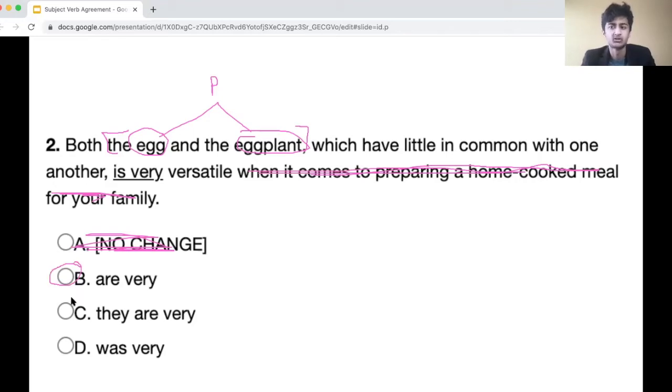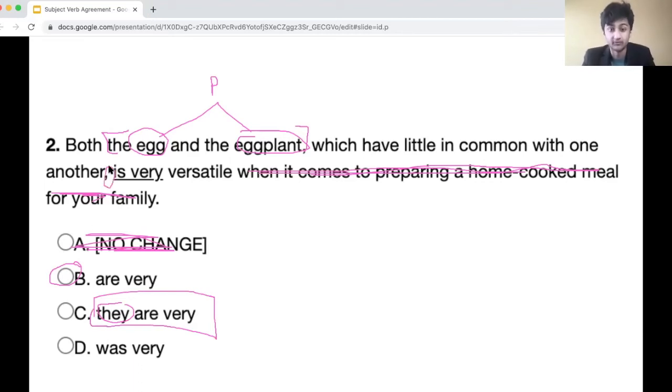Let's go through the other ones for thoroughness. Both the egg and the eggplant, which have very little in common with one another, they are very versatile. Ooh, so this is tough. But they are very versatile. What does that do? And we're going to mention this in a future video. But this actually creates a run-on. And if you were a native English speaker, you would recognize this, because the run-on is created right here, right after the comma.